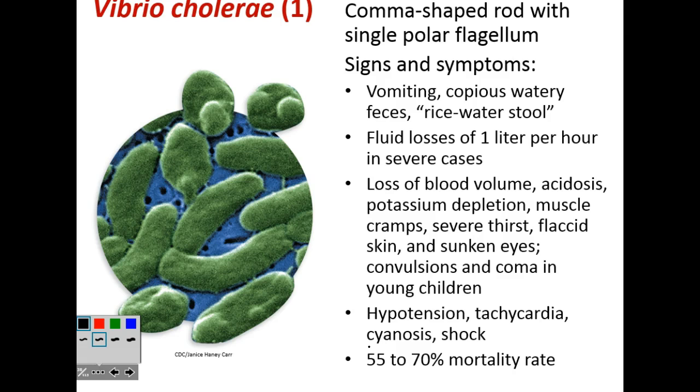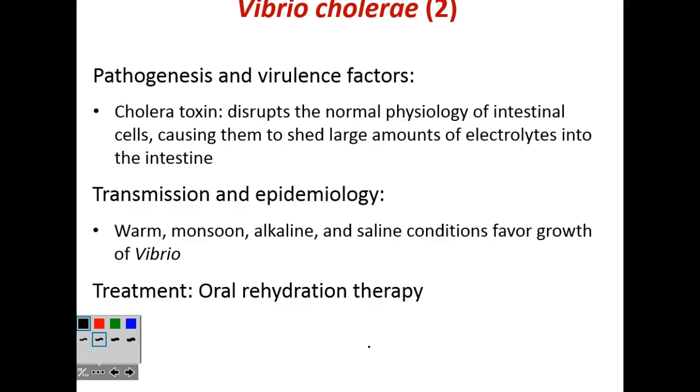This causes hypotension, tachycardia, cyanosis, and shock. It has a 55 to 70% mortality rate. In transmission and epidemiology, warm, monsoon, alkaline, and saline conditions favor growth of Vibrio.